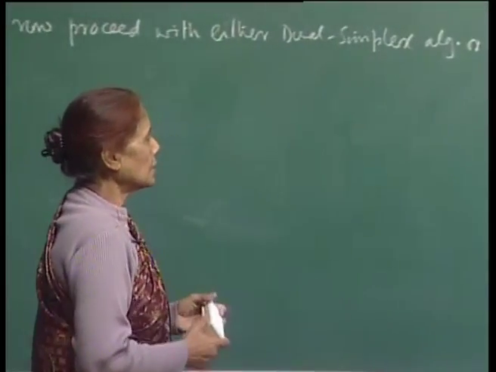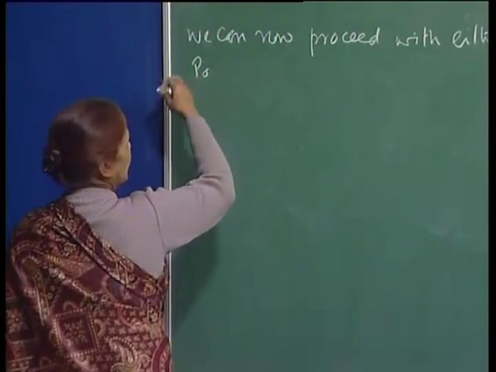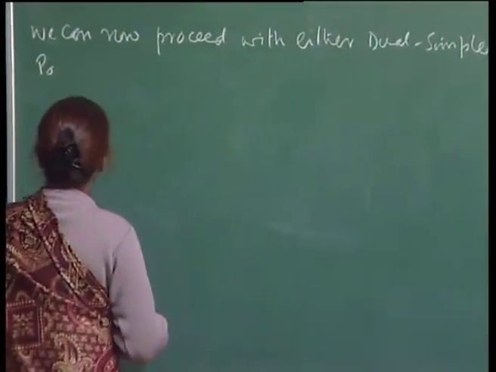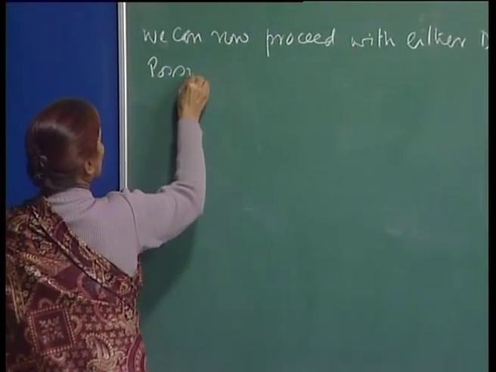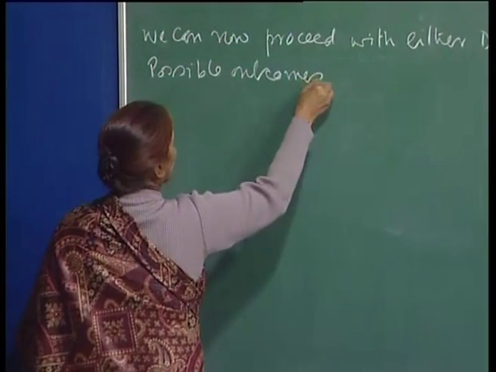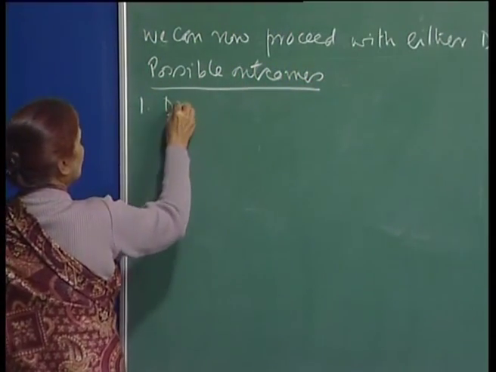Okay. So, let us see what are the possible outcomes. When I start with dual simplex or primal dual, what are the possible outcomes? First is that dual is unbounded.